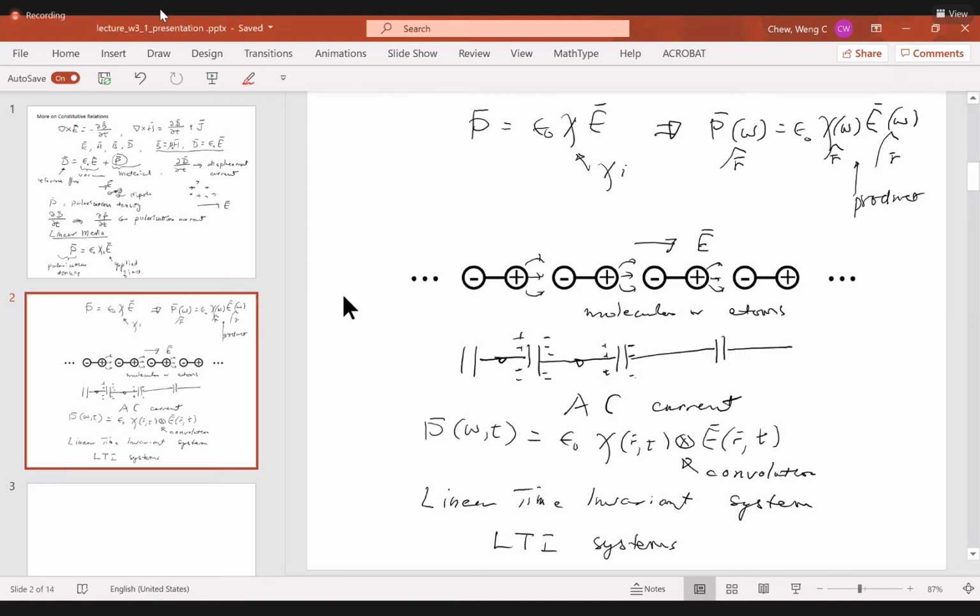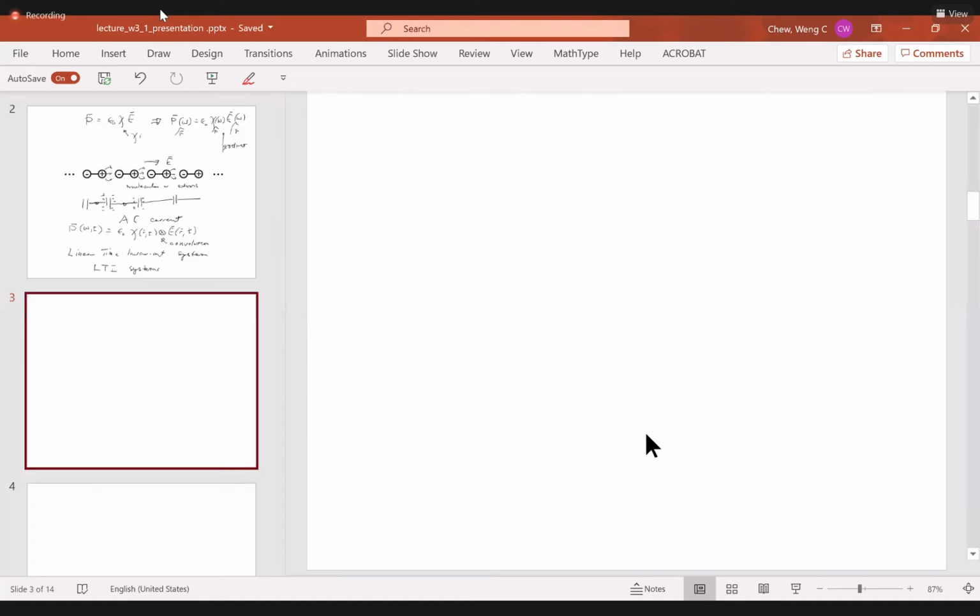That actually simplifies our analysis a lot more, and we can look at the general case to gain more insight. So P in the frequency domain is very simple. It will in general be given by epsilon naught times chi, the Greek letter chi, times the electric field at that position as a function of omega.